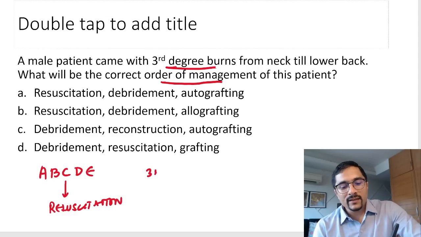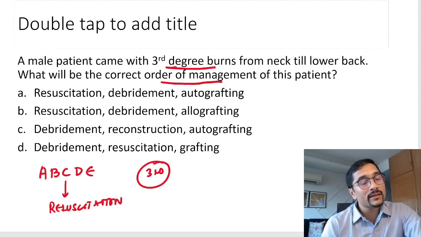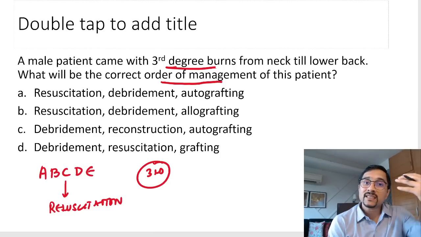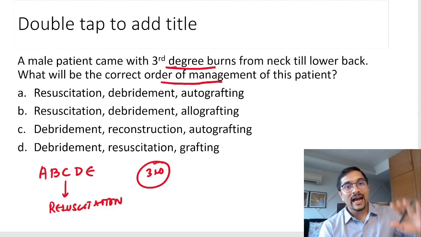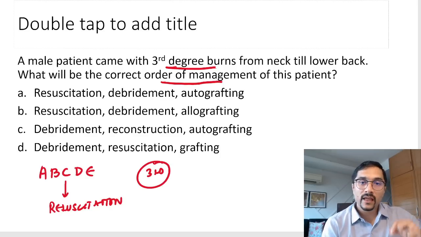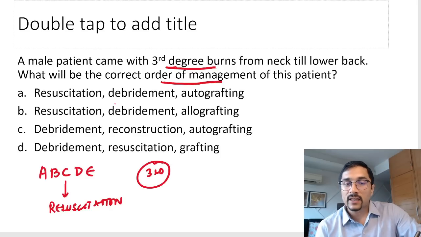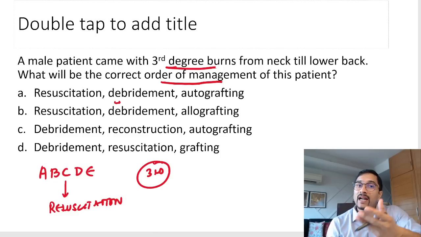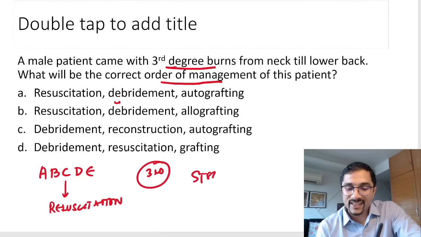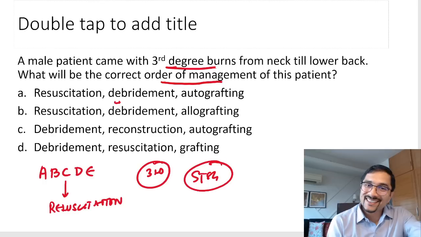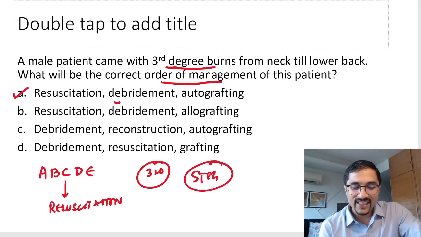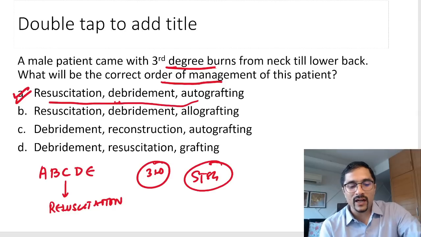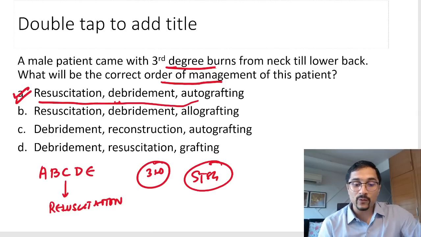Now because it is a 3rd degree burn, which I've told you reaches up till the subcutaneous tissue, we need to do debridement and split thickness skin grafting. So after resuscitation comes debridement, and after debridement comes split thickness skin grafting, which we discussed at the start of the session. It is an autograft. So resuscitation, debridement and autografting. This will be the correct sequence.